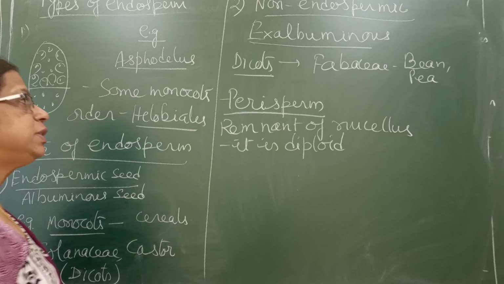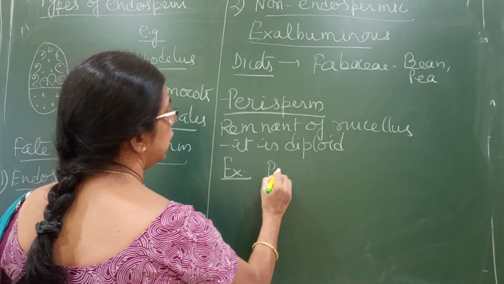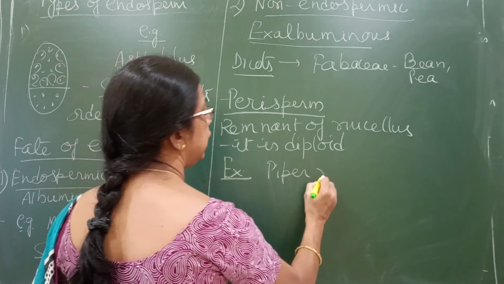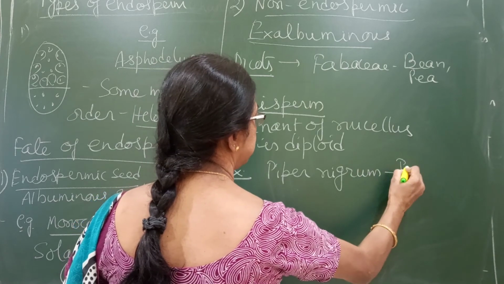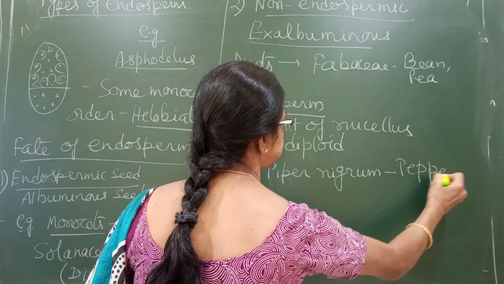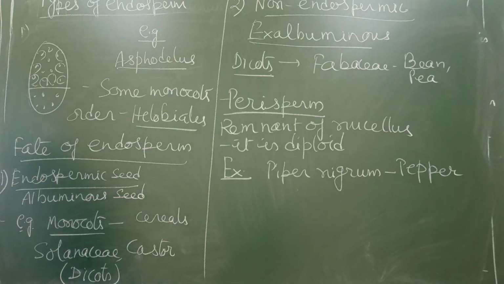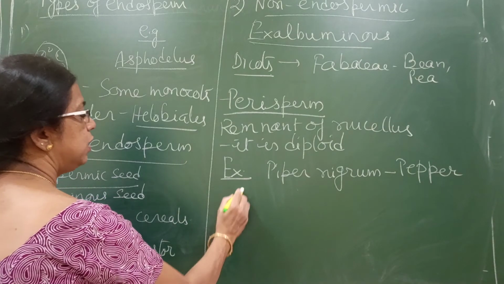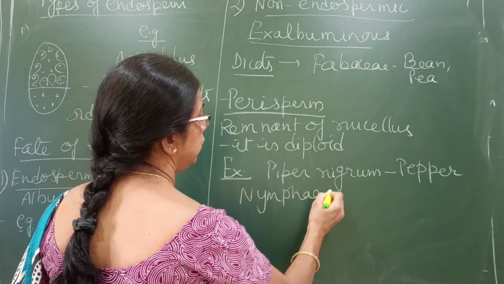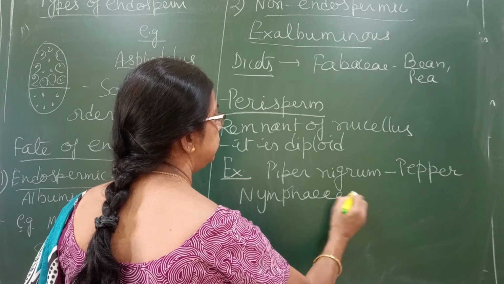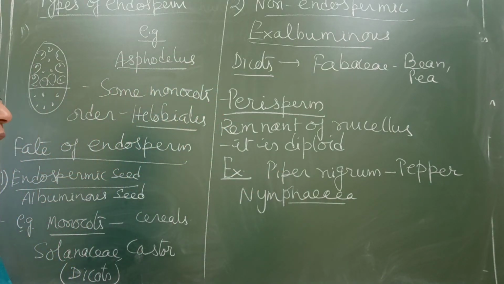Some perispermic seeds, for example, you can take Piper nigrum, which is black pepper. Another example, you can take Nymphaeaceae, like Nymphaea or Nelumbium, that is lotus.